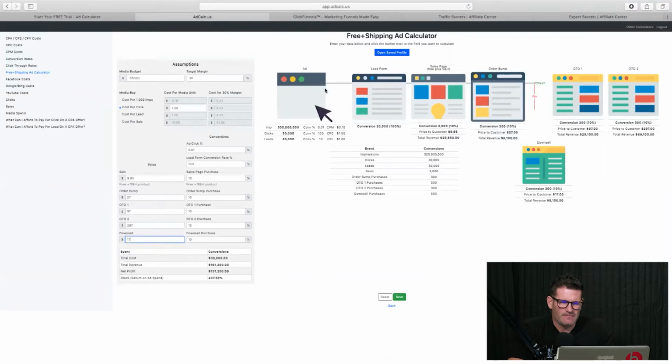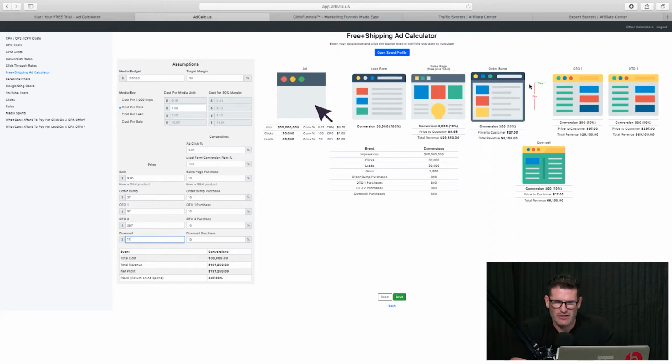Okay? So if you see here, this is the flow. Here's the ad. It goes into a lead form. Right here, we're not sending traffic to a lead form. I'm going to send it directly to the sales page to start, so this is not going to be relevant. Every click we get is going to land on this sales page. Whoever buys sees the order bump on the sales page.